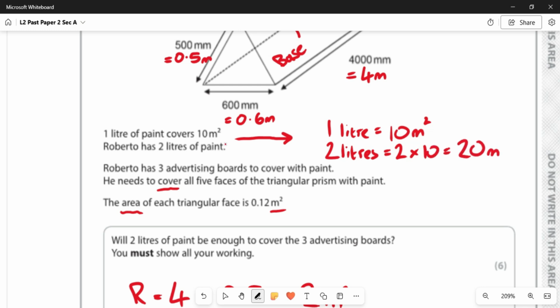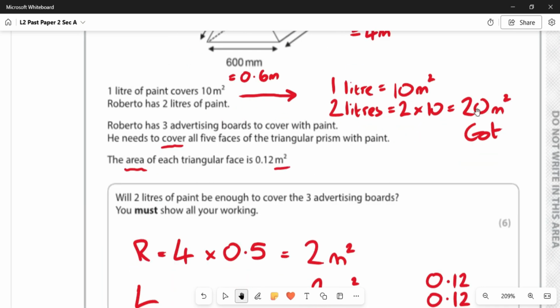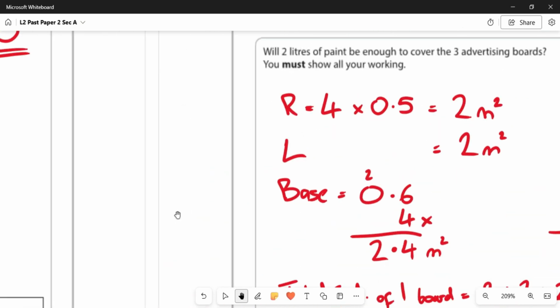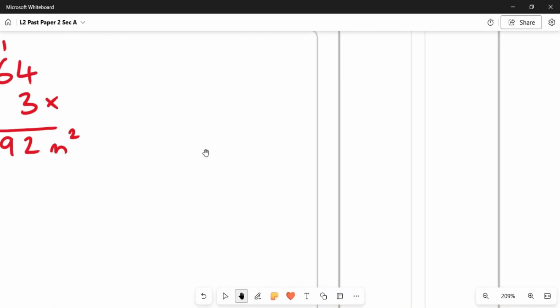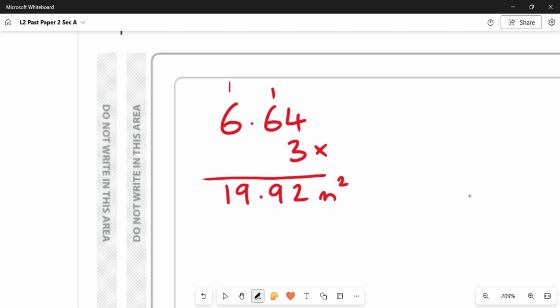So this is what he's got. He can cover 20 meters squared, let's say. What does he need? This is what he needs. Oh, yeah. He's just about got enough, so yes.